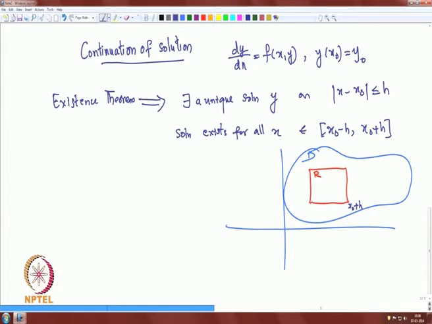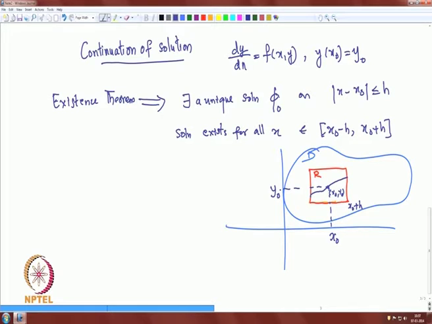So there exists a unique solution; let me call it, instead of y, phi 0.